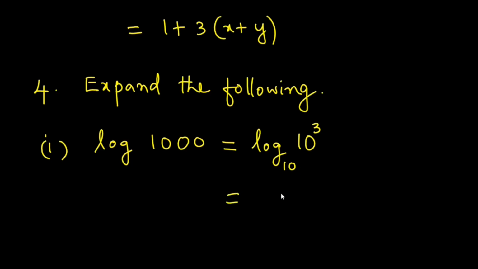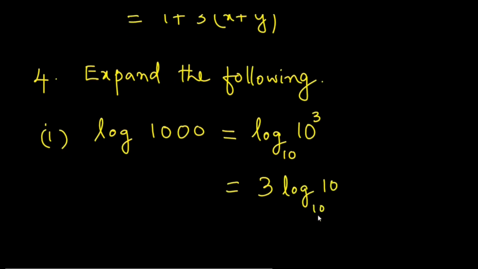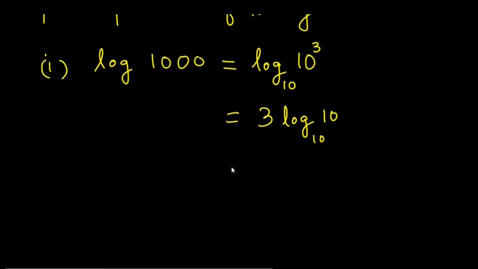So this is equal to, by power rule, 3 log 10 to the base 10. Now 3 into, here log 10 to the base 10 is 1. This becomes 3 into 1, which is 3.